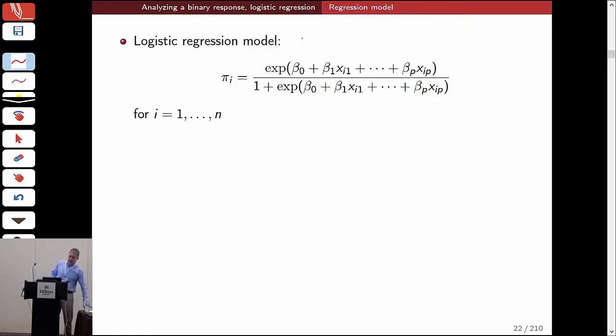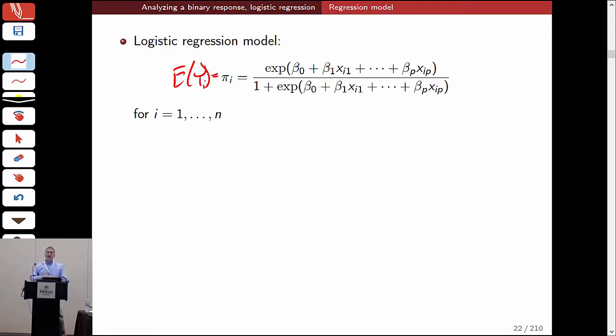And so this expected value of y is equal to pi sub i, which is equal to a transformation of this linear combination of regression parameters with our explanatory variables, taking advantage of the exponential function.